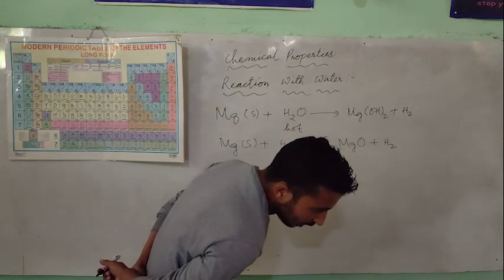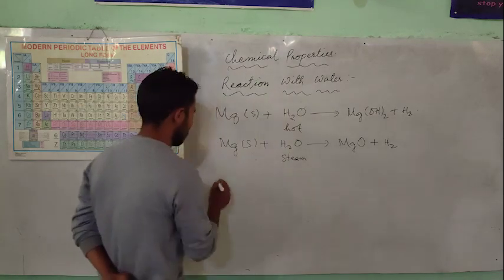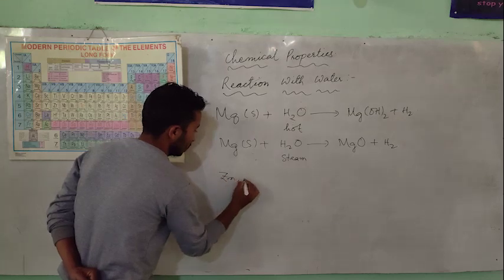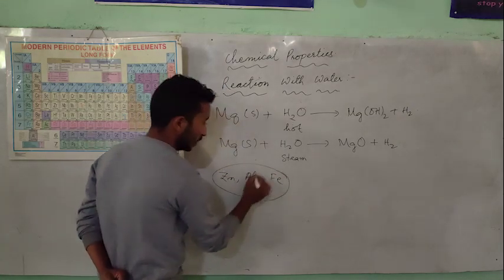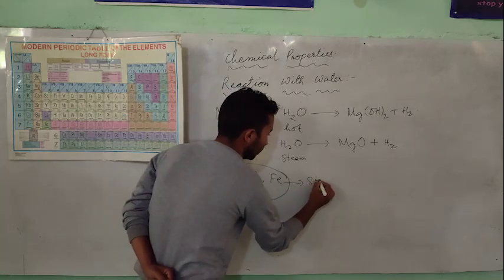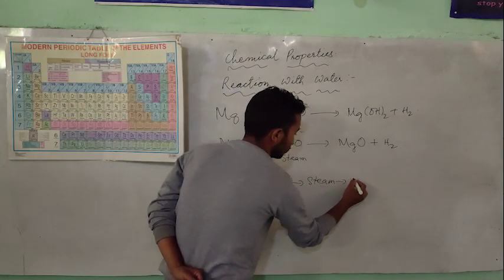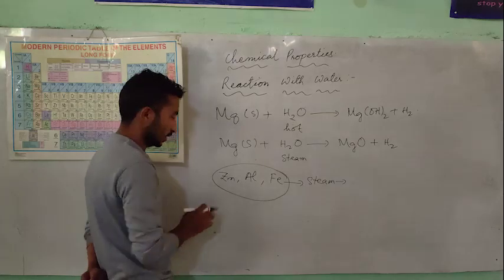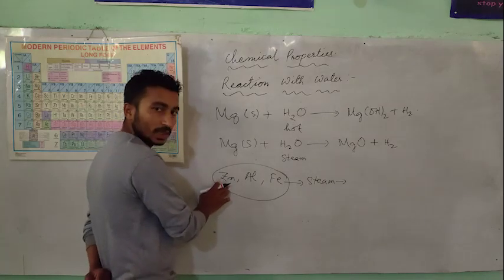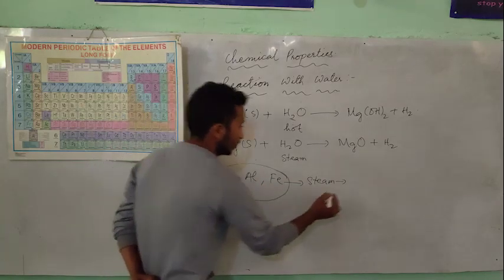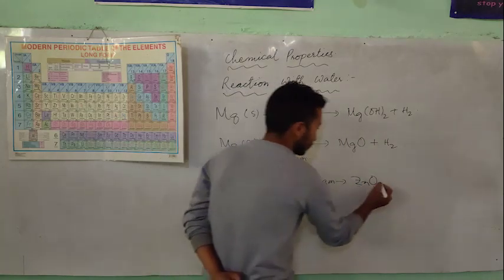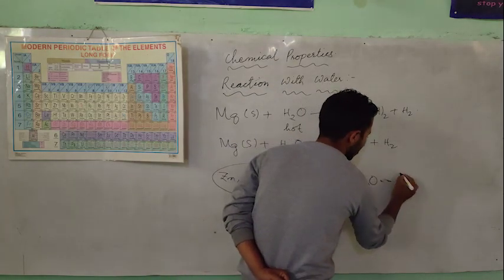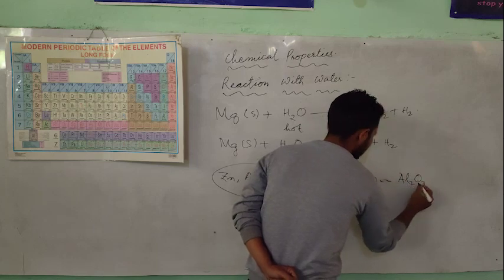Next, zinc, aluminium and iron, all these three react with steam only to form their respective oxides. When zinc reacts with steam, zinc oxide is formed. When aluminium reacts with steam, aluminium oxide is formed.